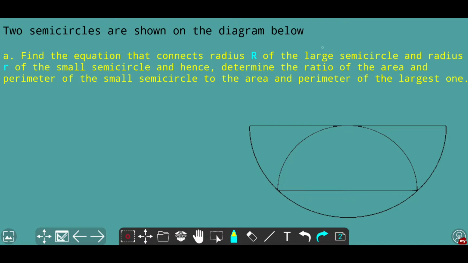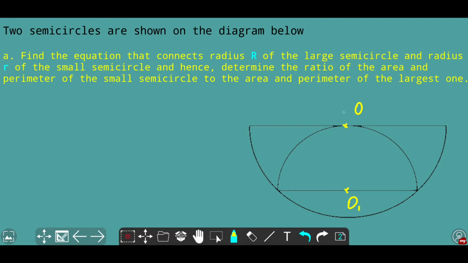Alright, so in the first part of the problem, we need to establish the right equation that connects the radius of the large semicircle with the radius of the small one. Okay, so it's all about construction. What I'm going to do is mark the center of the small semicircle here, and right above that is going to be the center of the large semicircle.